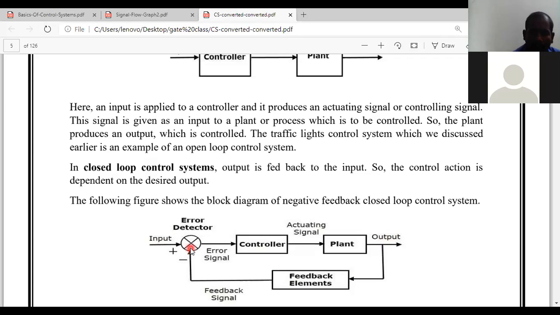I can explain this with a real-time scenario. Let us consider a room with an AC system.